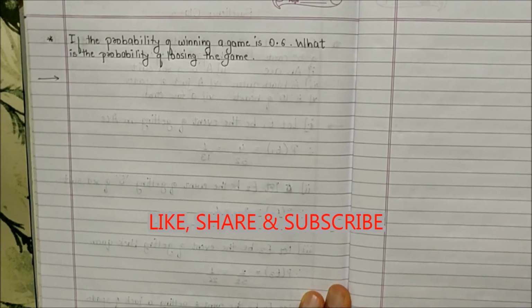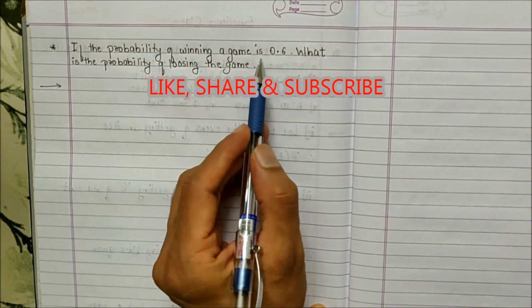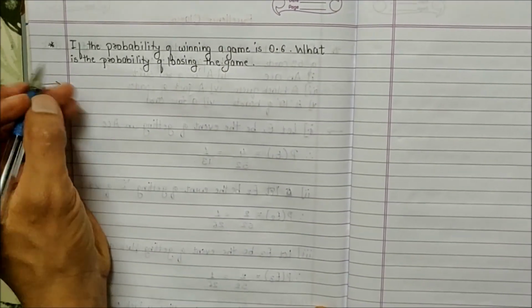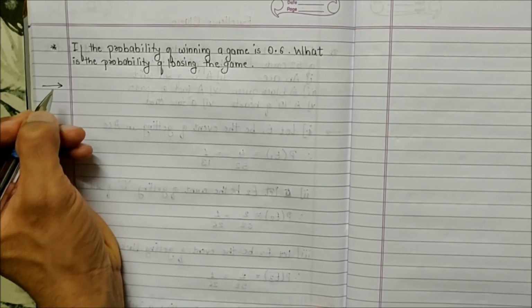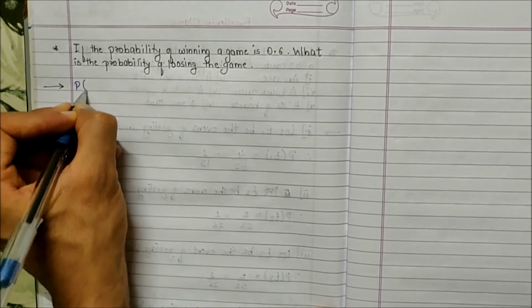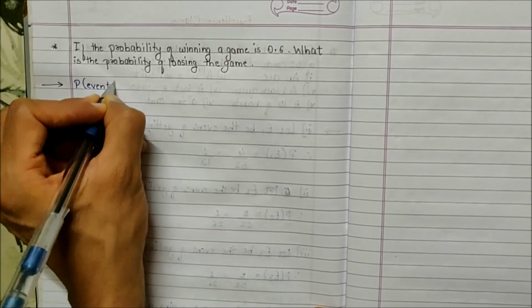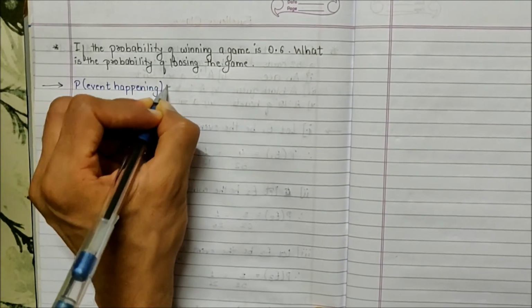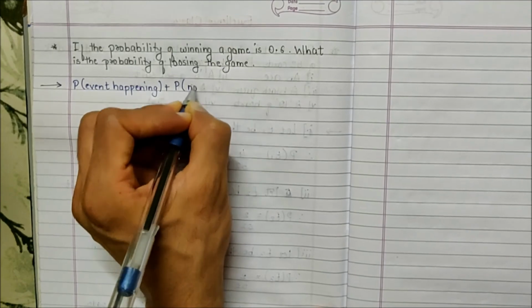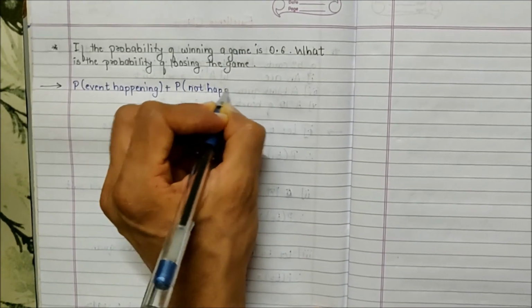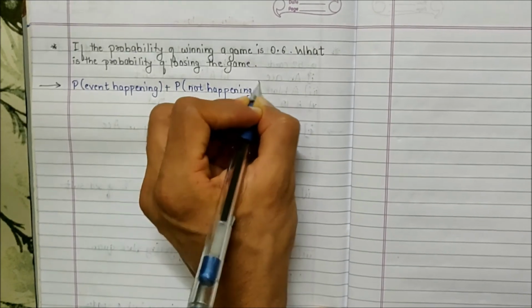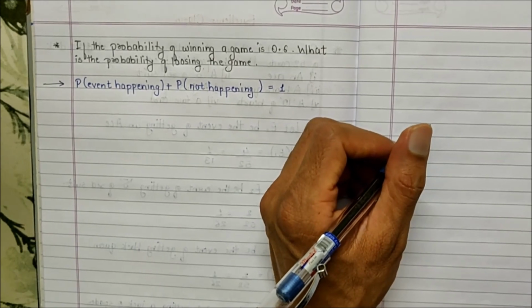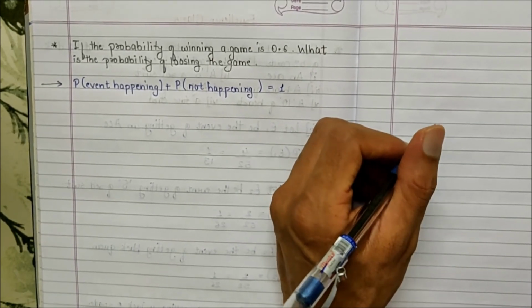Next question, a very simple one. If the probability of winning a game is 0.6, what is the probability of losing a game? Now here you just get this understood. The probability of an event happening plus the probability of an event not happening will always come to 1.